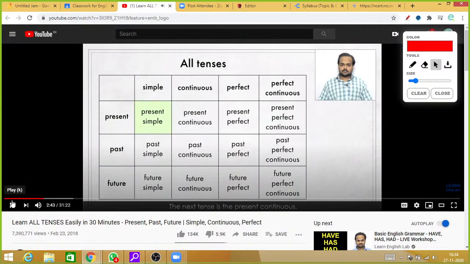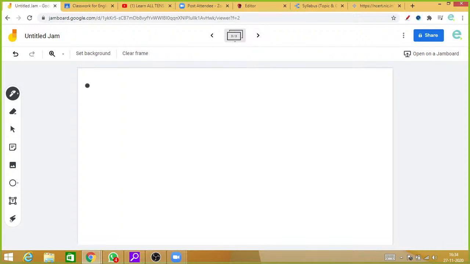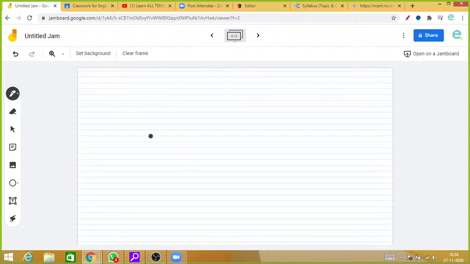So now you've understood the present simple tense? Yes, ma'am. Vaishnavi, have you understood the simple present tense, or do we need to go through some more examples? Should we make a few more sentences in simple present tense? Yes, ma'am.